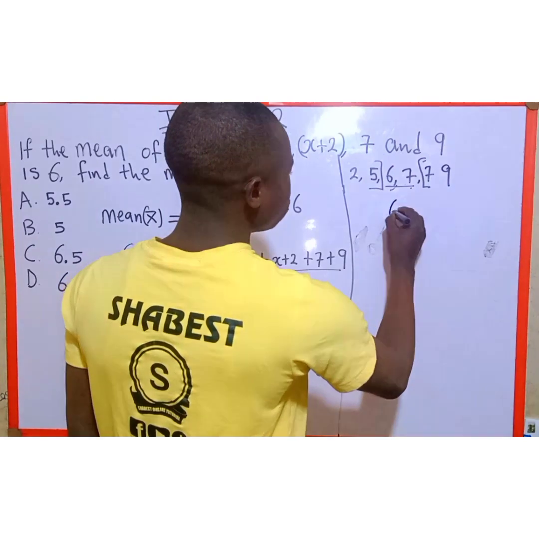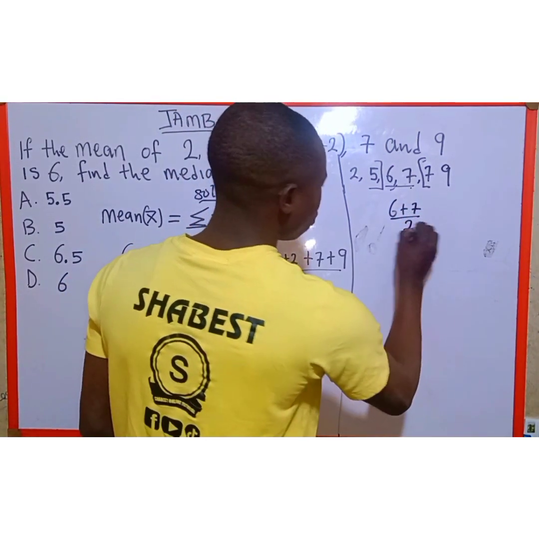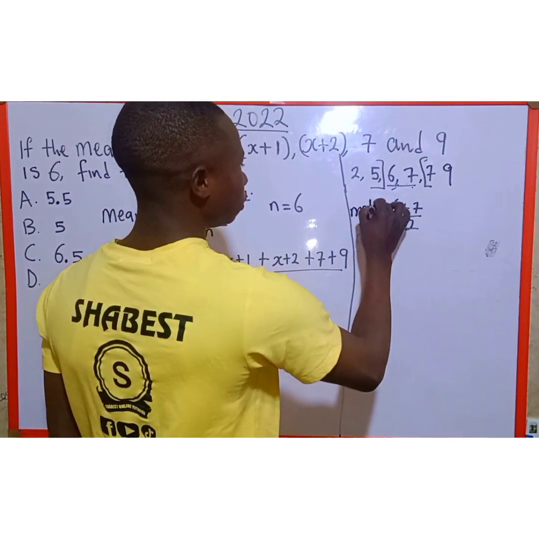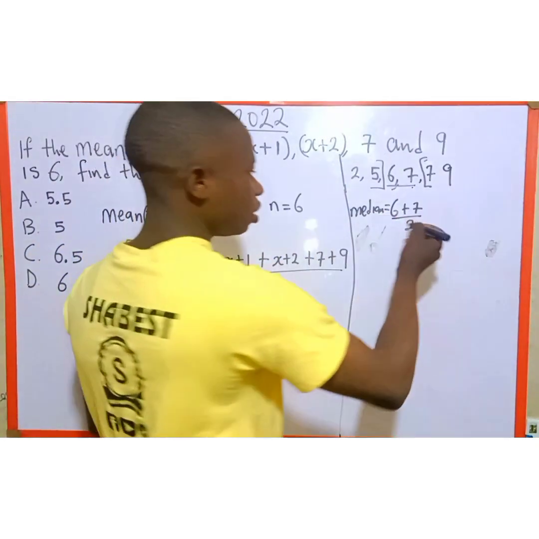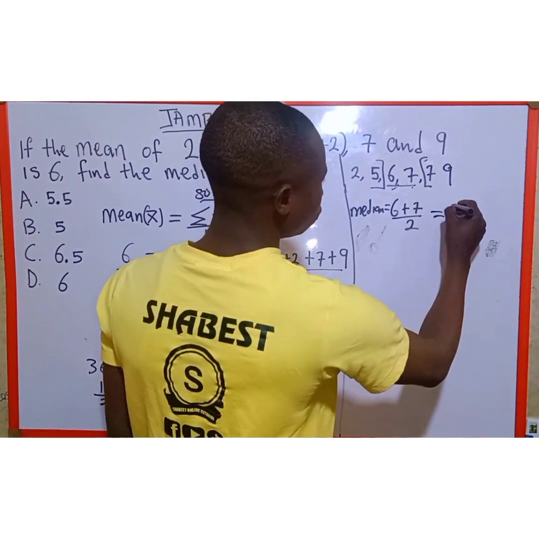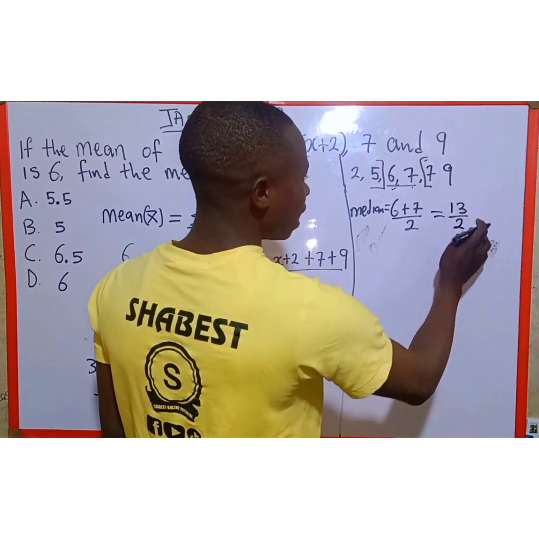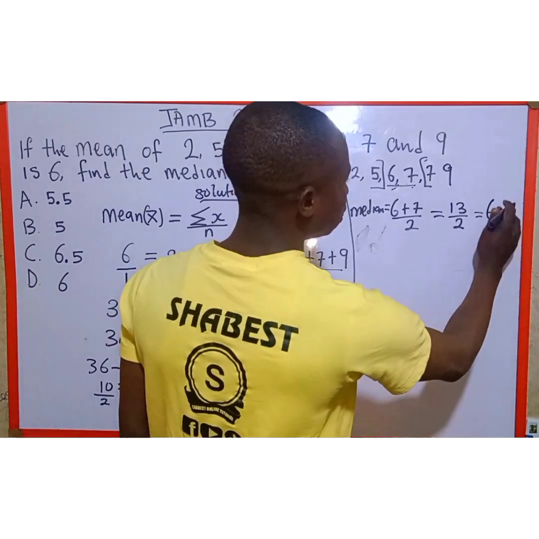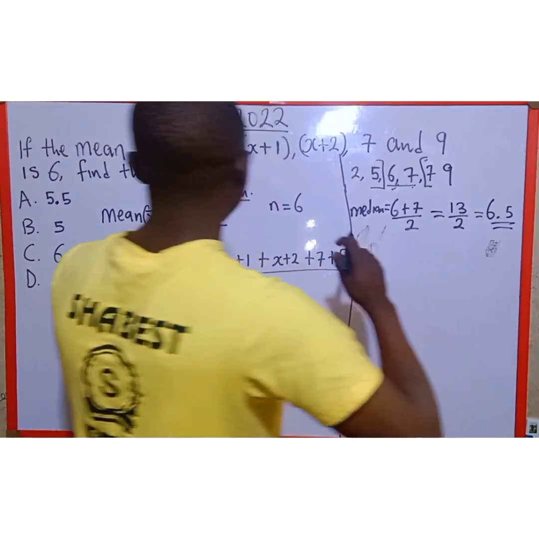We add them together, then take the mean, the average, by dividing by 2. So my median is equal to 6 plus 7, divided by 2. 6 plus 7 gives us 13 divided by 2, which is 6.5. So this is the median of this data.